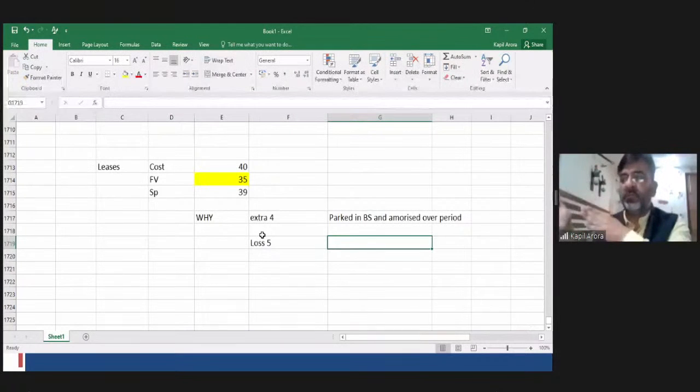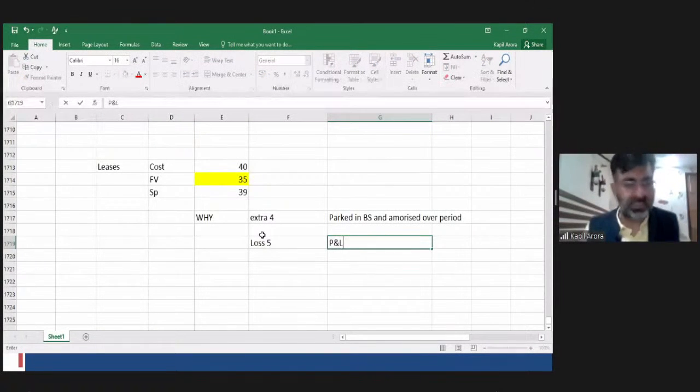So coming back from 40 to 35, first you have to record the loss in P&L. Simple. It can be impairment. My property value, asset value has come down. So I have recorded loss. But I sold it at 39. So it means that profit is a bogus profit or a cosmetic profit. That is the reason I am not taking it to P&L. I am parking it in the balance sheet.